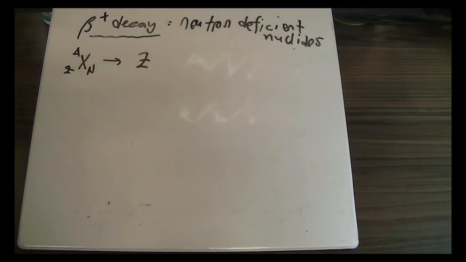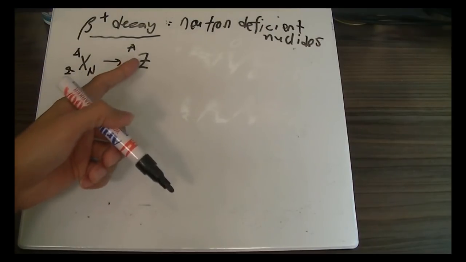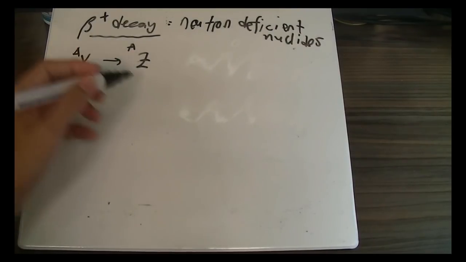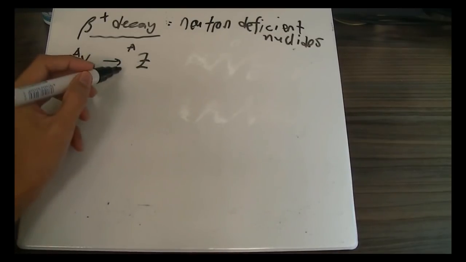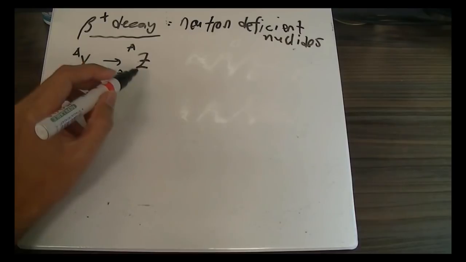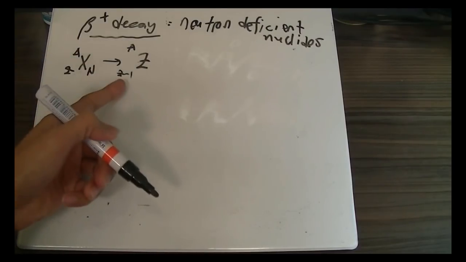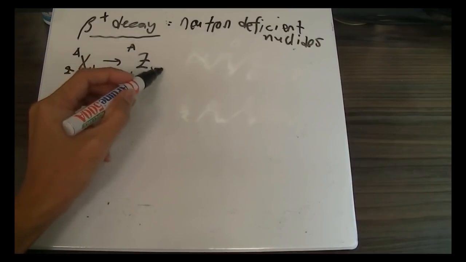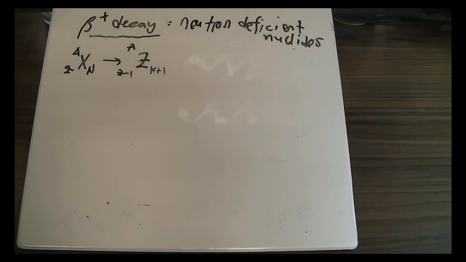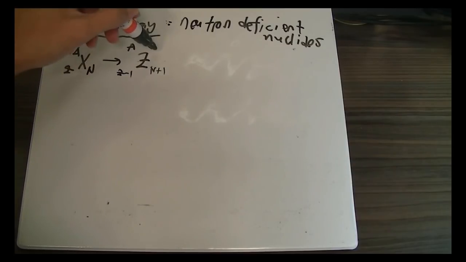So Z still has the same mass number, but the proton number is decreased by 1 and the neutron number increased by 1.